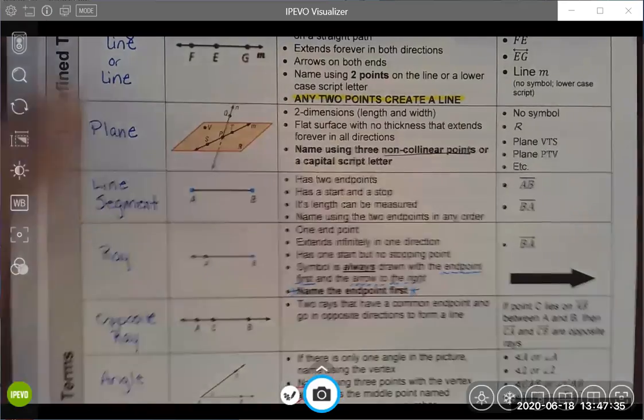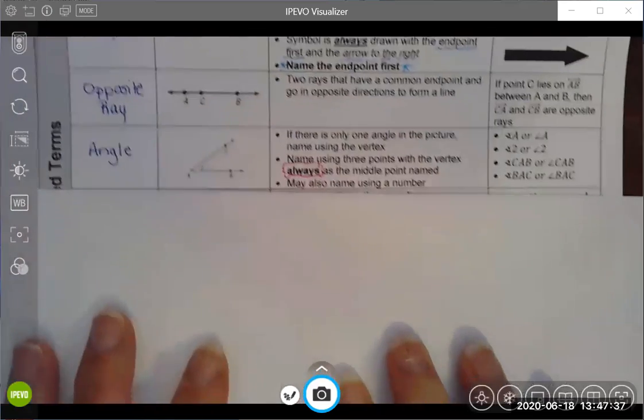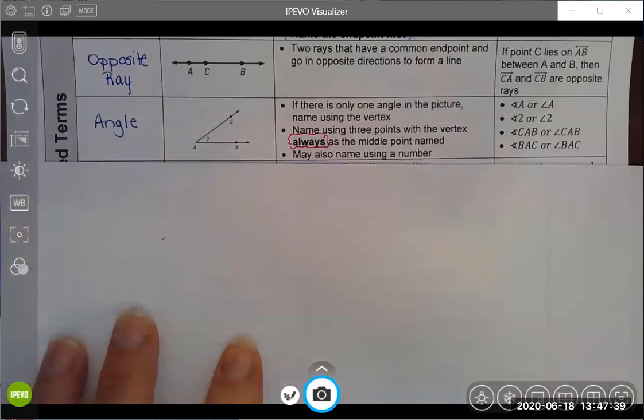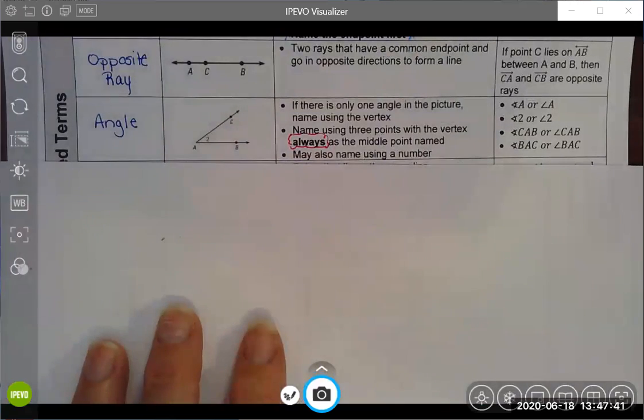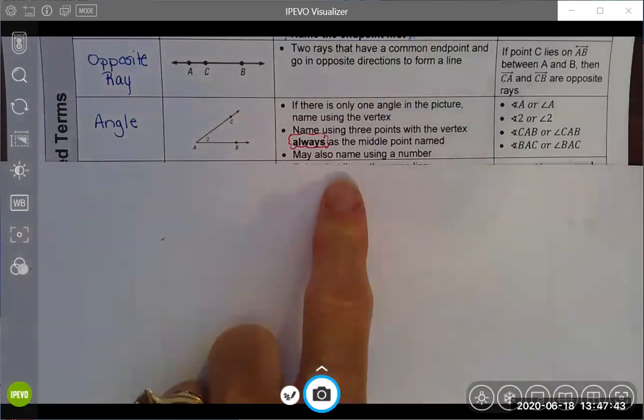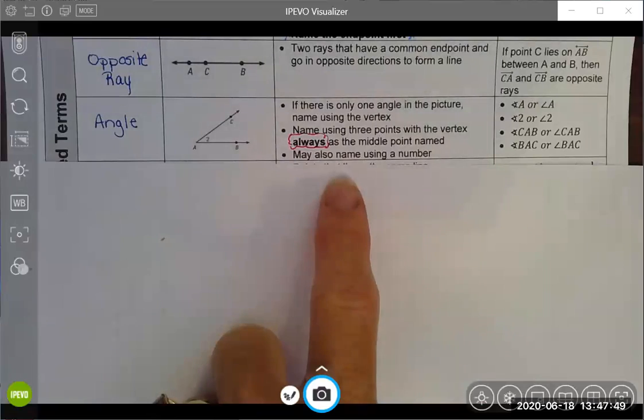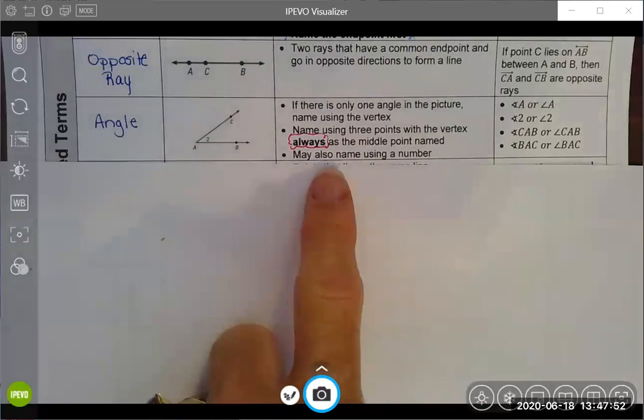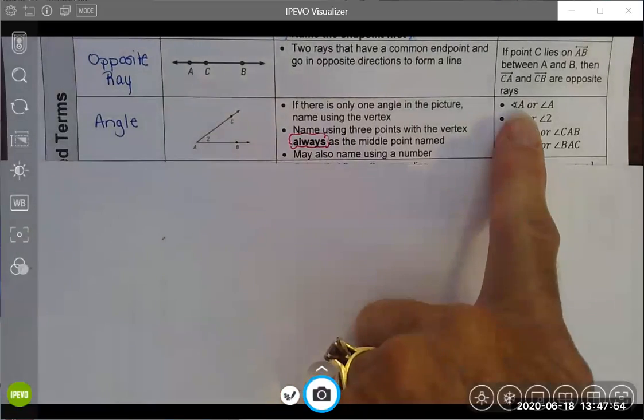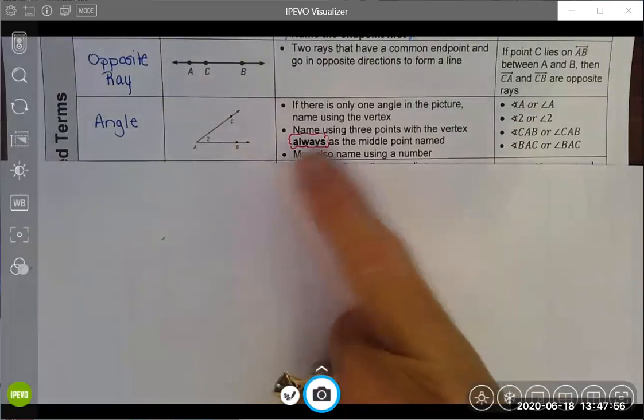Angles. We all know what angles are. Y'all are good with angles. There's a lot of angle work that gets done before you get to geometry. Technically, an angle is created by two rays that share a common endpoint, which is called the vertex. We name it by either using an angle symbol and the vertex.